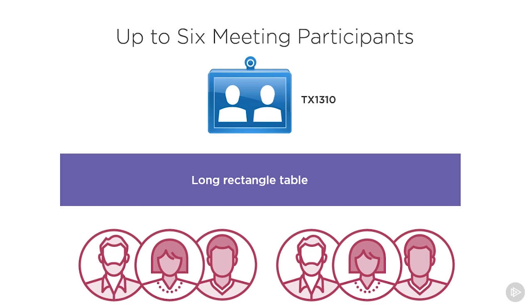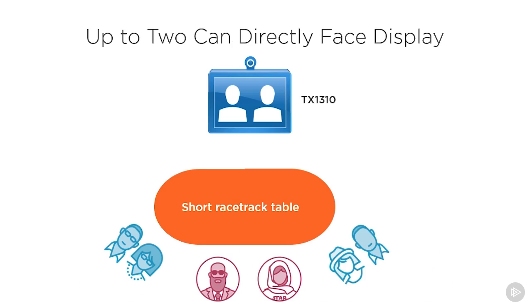Next, we've got a few important things that you should know regarding how many people can sit at what type of table when using the TelePresence CTS 1300 series. You can have up to 6 meeting participants if you've got a long rectangle table. We've got the 3 cameras in the product, and you can have 6 people sitting at your table. We can have 2 people directly face the display of our TelePresence TX 1310 if we're using a short racetrack table.